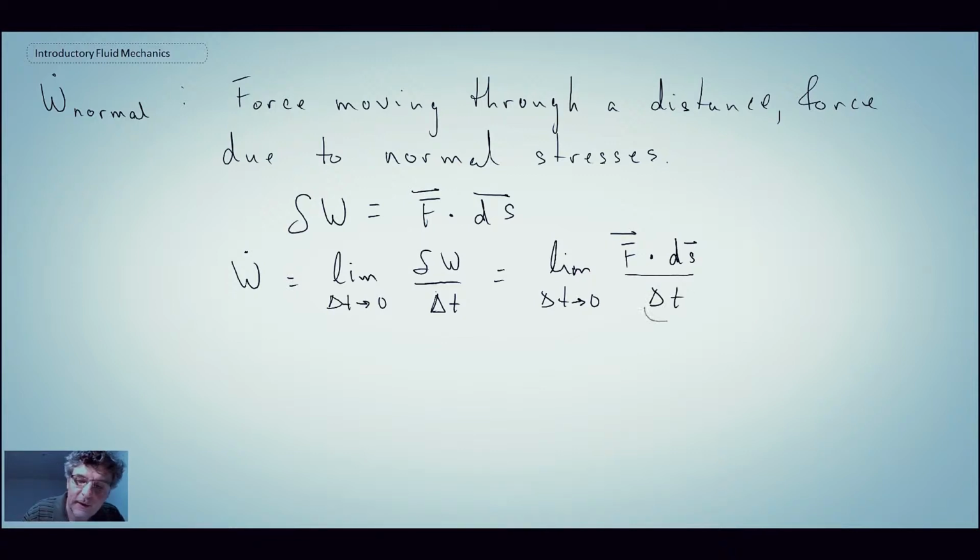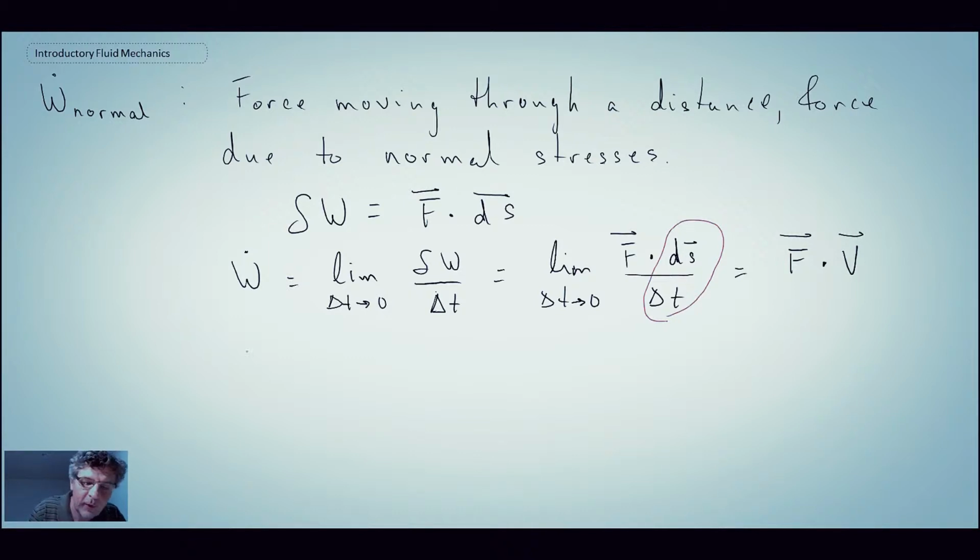Now looking at this, that there is just the velocity that the fluid is coming into or leaving, and where our normal stresses are being applied. So we can rewrite that then as F dot v.